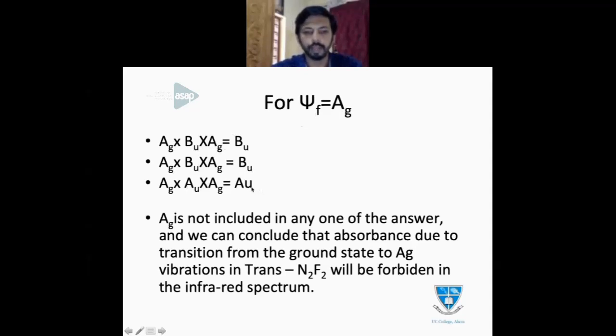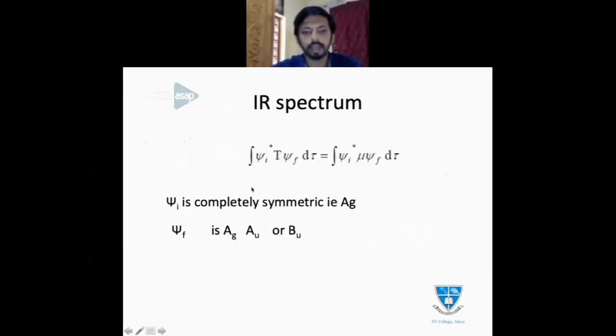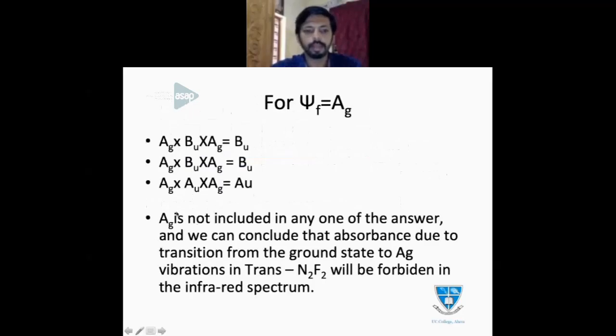And we have mentioned that if the direct product leads to Ag, the transition is allowed. But there is no Ag present in the final answer. So we can conclude that absorbance due to transition from the ground state to the Ag vibration in trans N2F2 will be forbidden in the infrared spectrum.